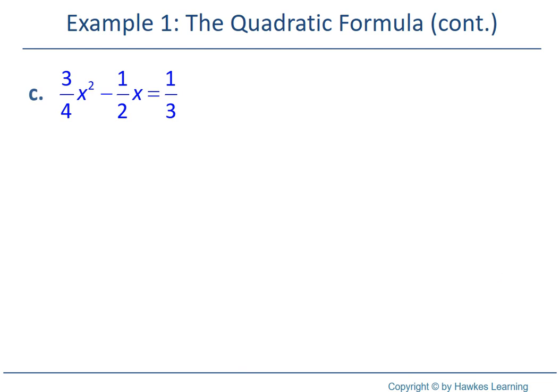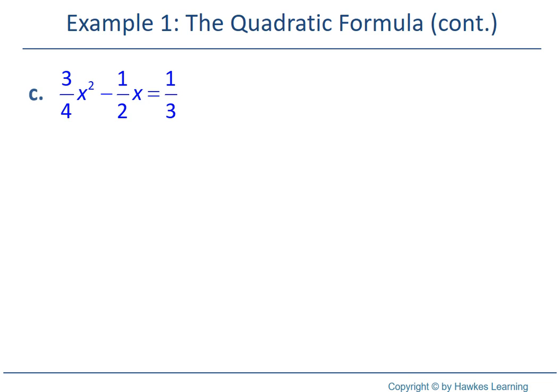Okay, take a moment, write this down. And you might say, wow, wouldn't it be difficult putting all those fractions into the formula? Absolutely. So what we're going to do is put it in standard form, and then get rid of these fractions by making it an equivalent equation but without fractions.